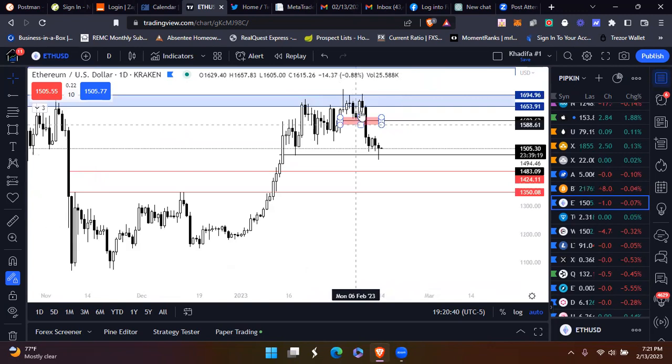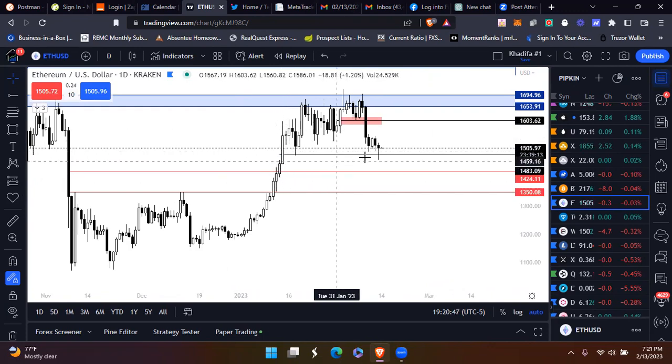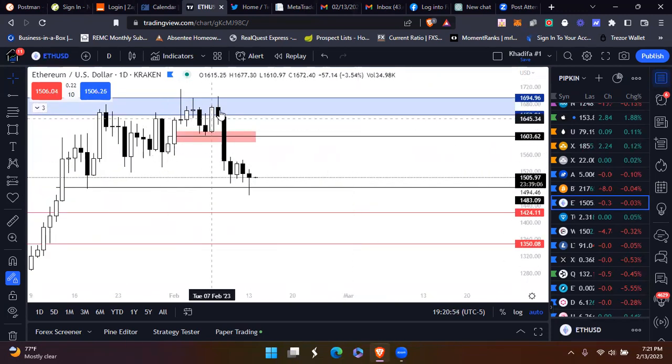Same thing for Ethereum. We filled in this imbalance. So let's see if we push back up to retest the bottom of this fair value gap here.